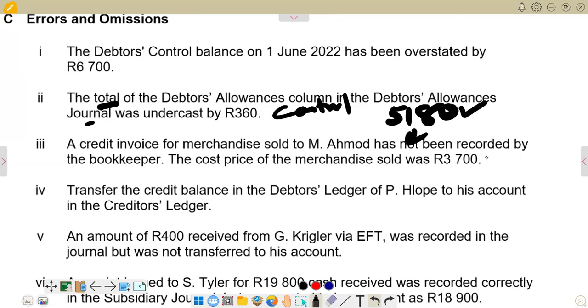So this was omitted, which means it was not even entered in the journal, so it affected the control account because the total was wrong. And also the individual account of M. Ahmad needs to be adjusted because this 5,180 was omitted. So you need to add it to the account of M. Ahmad. We can go to the other section and make that correction. It means we are just going to make an addition of 5,180.